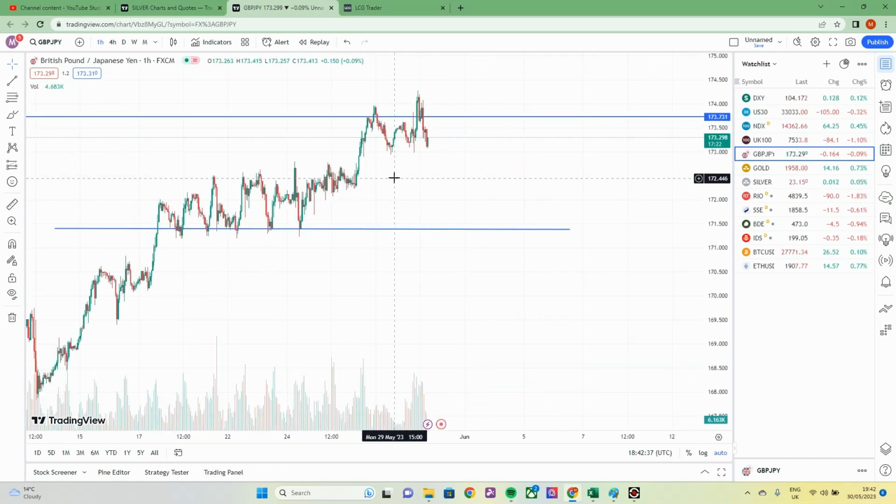Now, when you have a resistance or support line, this is obviously the support line for now because the price at the moment is above that, so it means that is a support line. As you can see, it's come up, it's burst through it, it's come back down, it's tested it, it's come back up, it's tested it again.